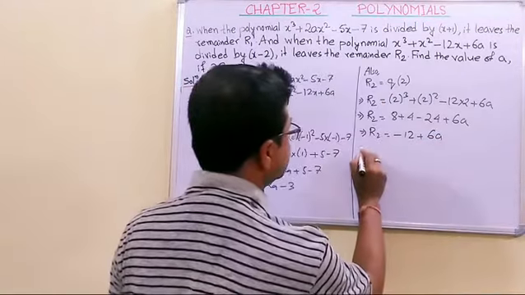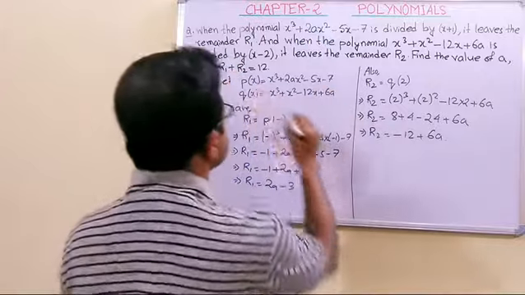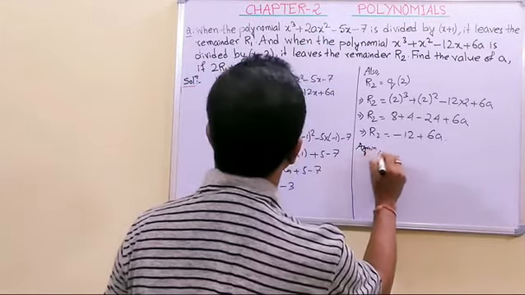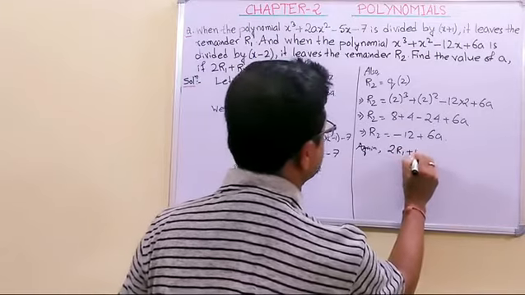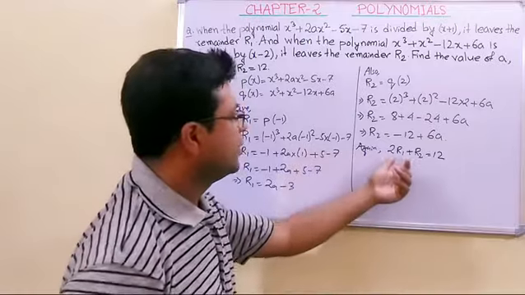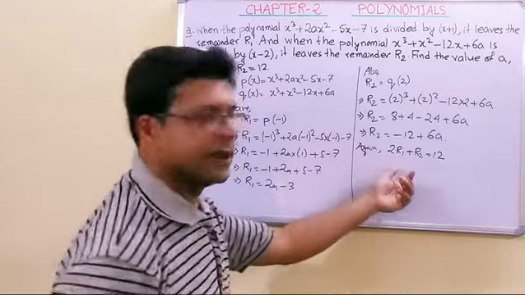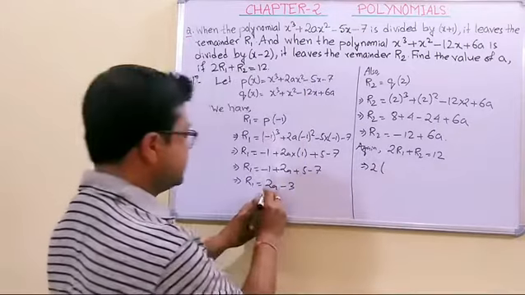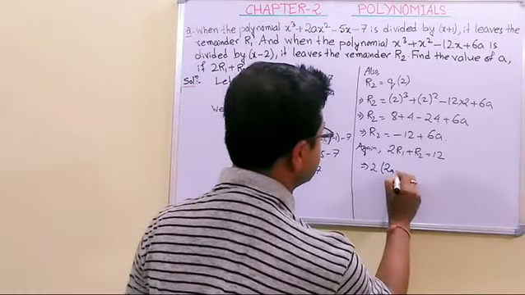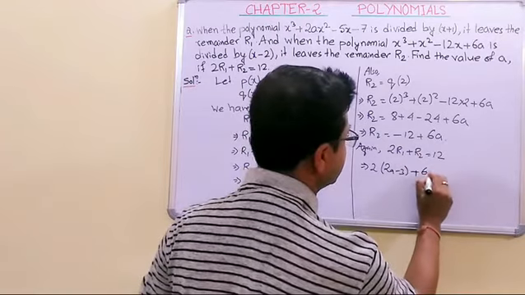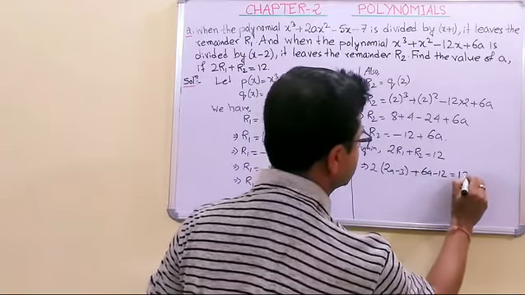Alright, students, after this a condition is given. What is the condition? Twice r1 plus r2 is equal to 12. Now let us substitute the values of r1 and r2. Twice r1 is twice (2a minus 3), and r2 is 6a minus 12, equal to 12.